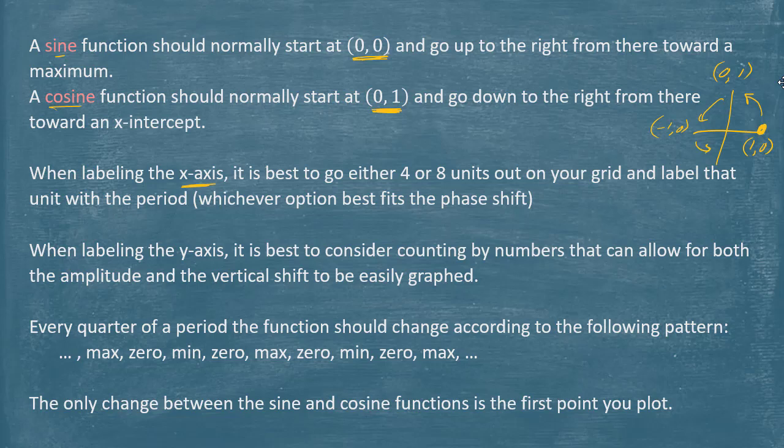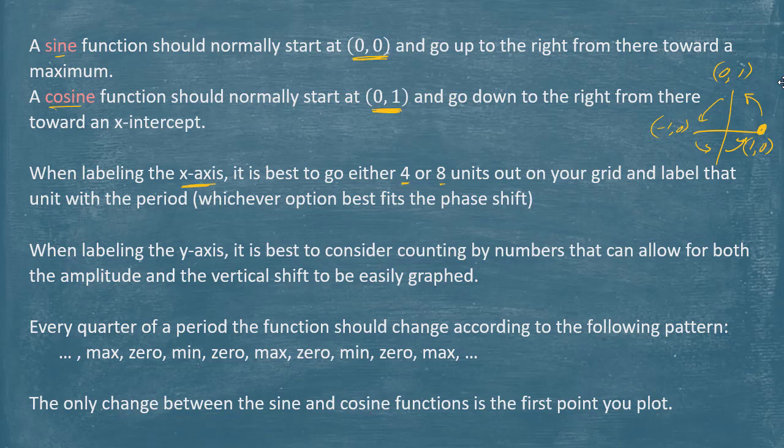That takes advantage of the fact that every time I go through a quadrant, it goes from a nice number to the next nice number, 0 to 1, or maybe 0 to -1, or vice versa, 1 to 0 or -1 to 0. But I skip over all of those numbers if I skip everything in the quadrant, hence why I would want to go 4 units out or maybe some multiple of 4 in case I needed a phase shift that was even smaller than that quarter of the period.